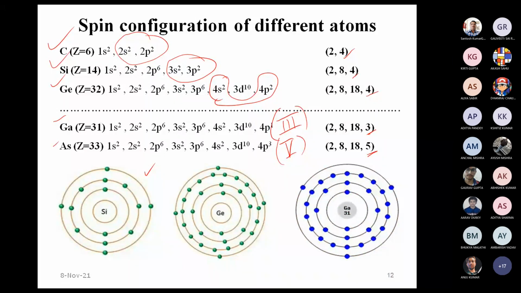These are just illustrative; other elements also have similar electronic configurations, and we can show where the electrons are located. These 4 electrons in silicon or germanium play an important role.